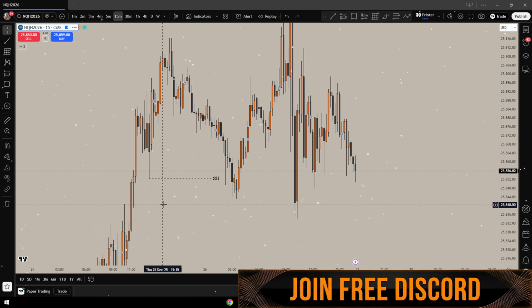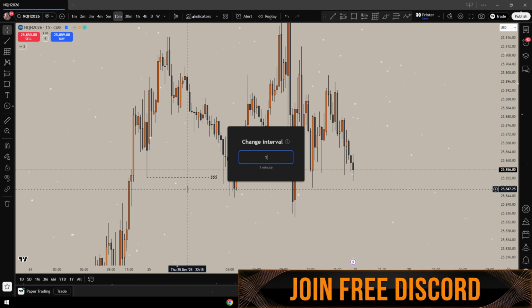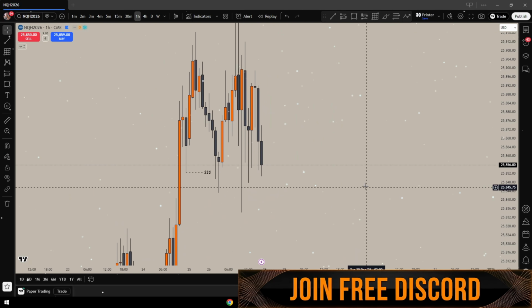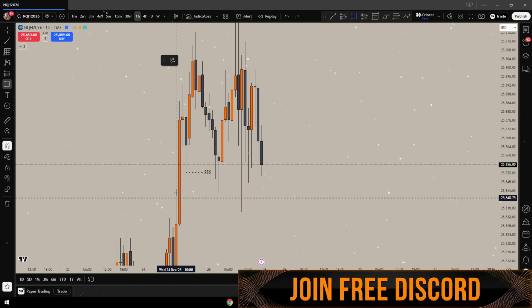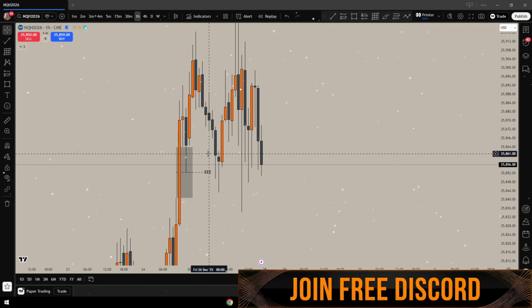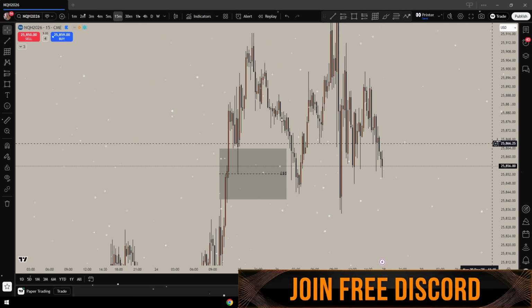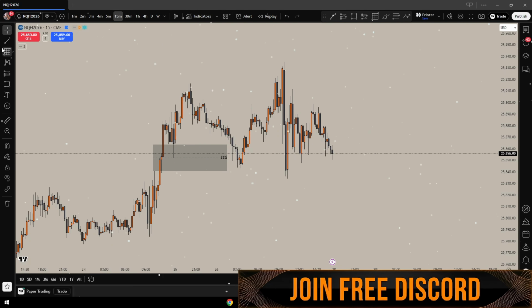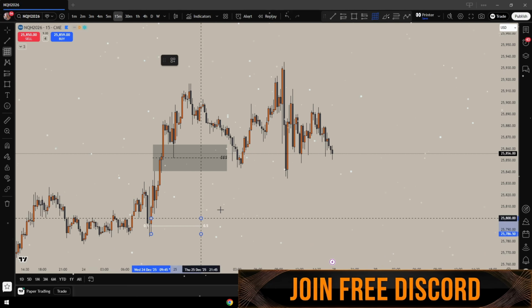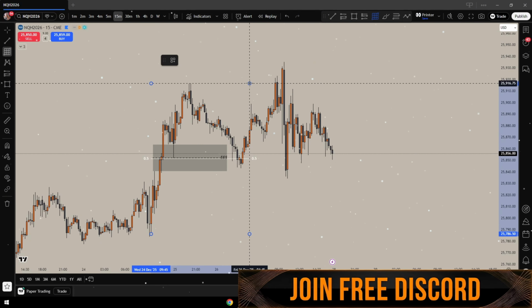Now, are we delivering from any fair value gaps to the left? Let's go to the 1 hour and see. Absolutely, we are inside this big 1 hour gap right here. Are we in equilibrium of the range? Hell yeah.